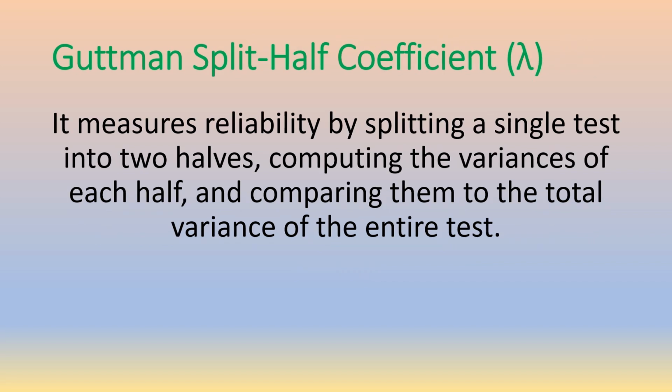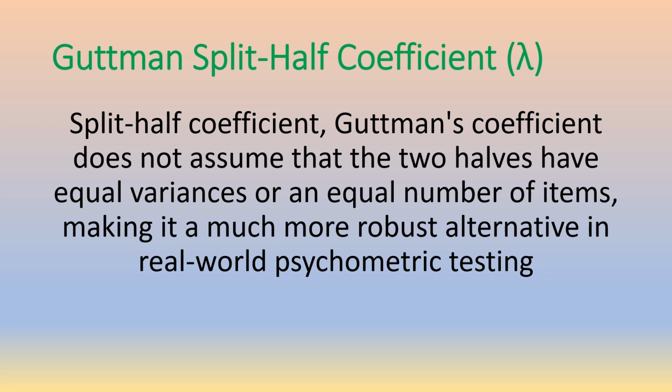It measures reliability by splitting a single test into two halves, computing the variances of each half and comparing them to the total variance of the entire test. The Guttman coefficient does not assume that the two halves have equal variances or an equal number of items, making it a much more robust alternative in real-world psychometric testing.